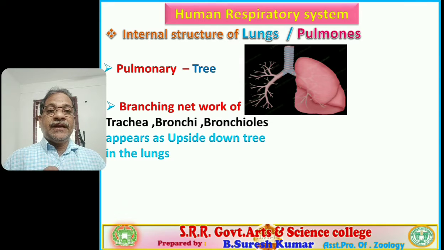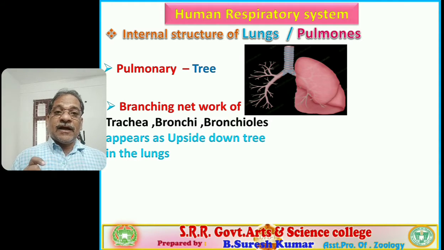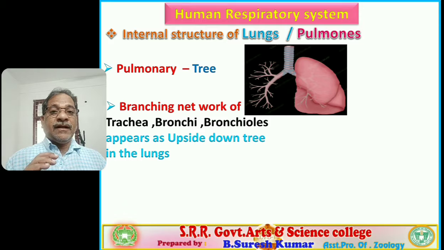What is the pulmonary tree? The branching network of trachea, bronchi, bronchioles appears as an upside down tree in the lungs. Inside our lung, the entire tubular network appears as an upside down tree. That is termed as the pulmonary tree.